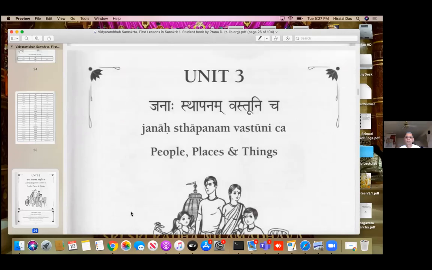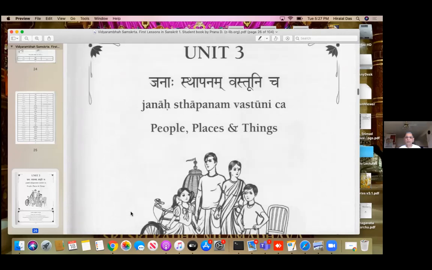All right. So in unit 3, we're going to learn about Janaha means people, Sthapanam means places, Vastuni means things, Cha means and. Janaha, Sthapanam, Vastuni, Cha.